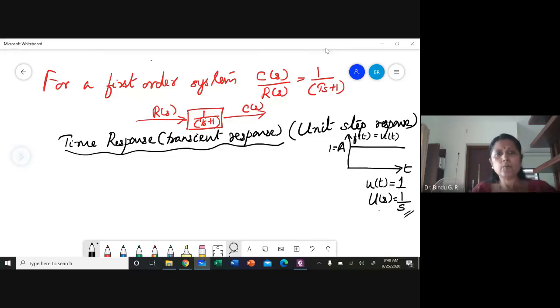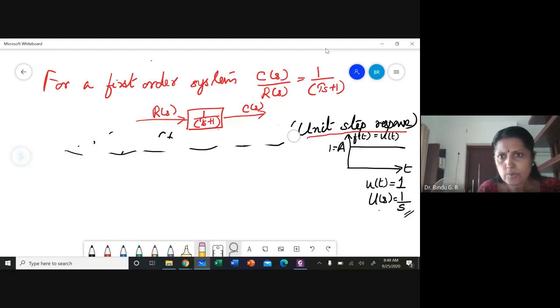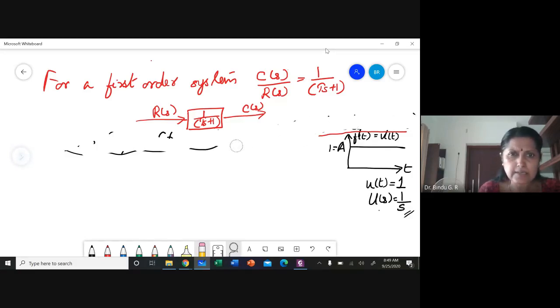Now, I'm going to find out the unit step response of a first order system. You needn't rub anything that you have written in your notebooks. I'm just going to repeat it in another manner, which is one and the same as what I have written.